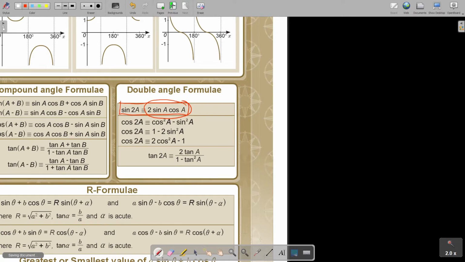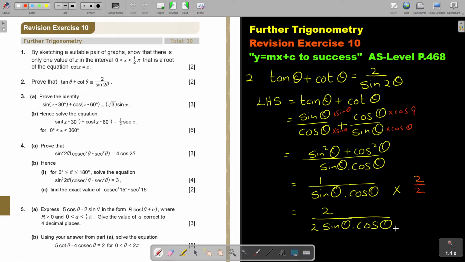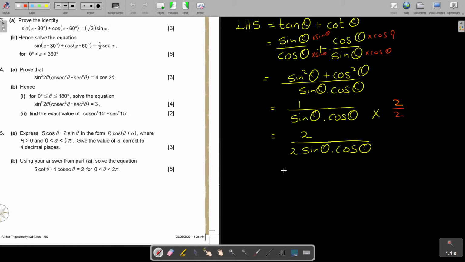So let's go back to the previous page. It's really taking very long. Do you see that? So basically, I can just say this is equal to 2 over sin 2 theta.